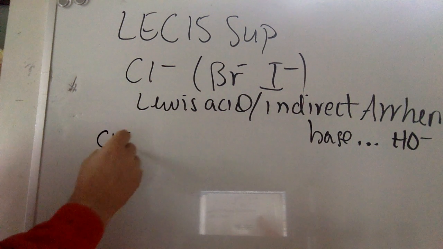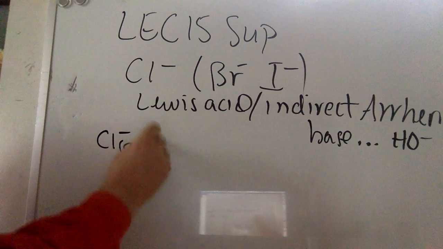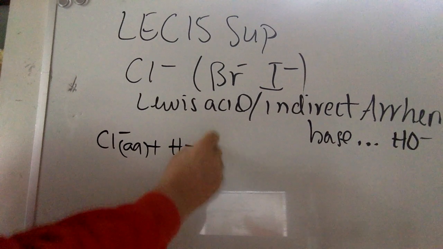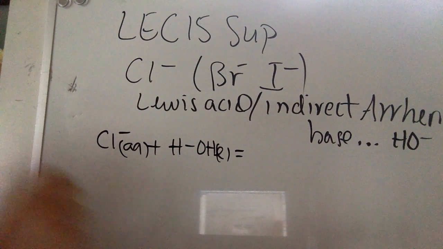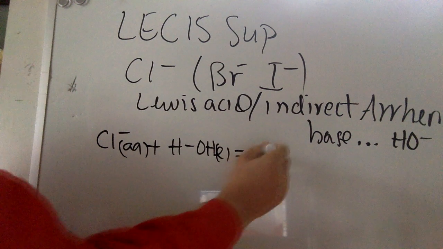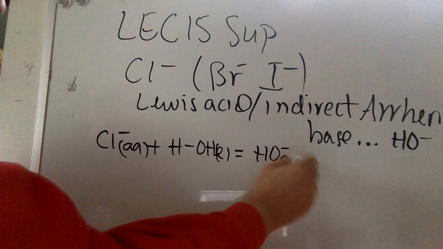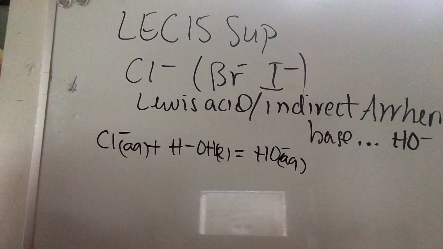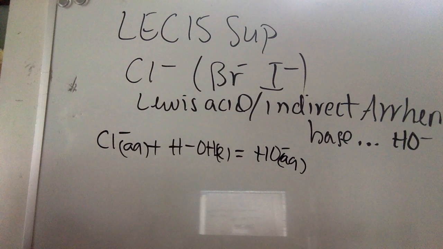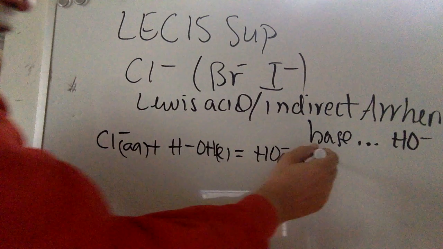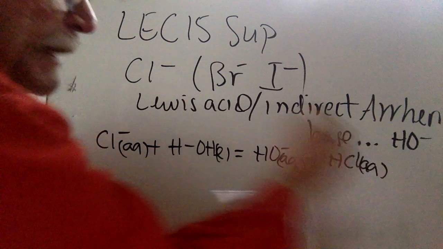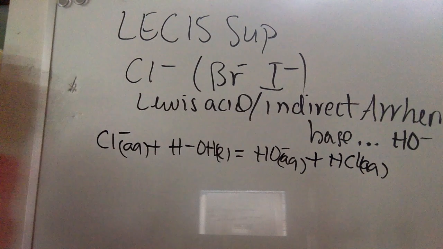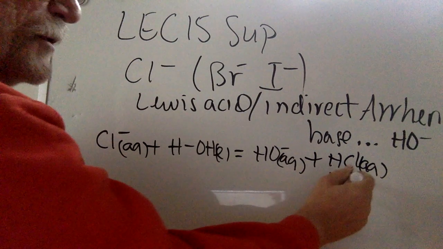Chloride ion hydrolyzes the water molecule to create a basic solution, i.e. the hydroxide ion, which is the strongest base that is present in water, plus the ion pair HCl. And we're assuming that HCl is associated.